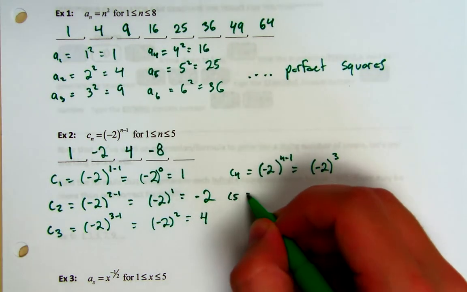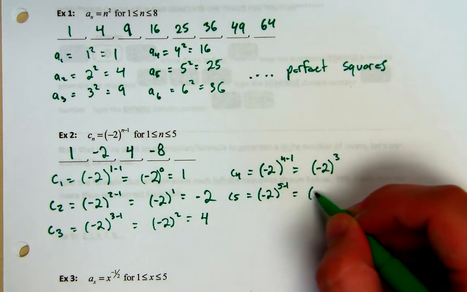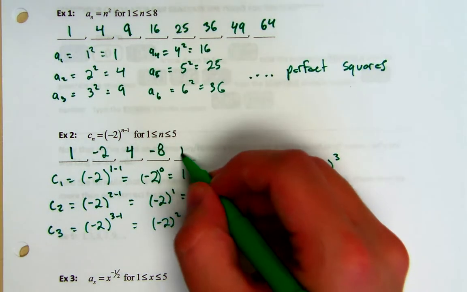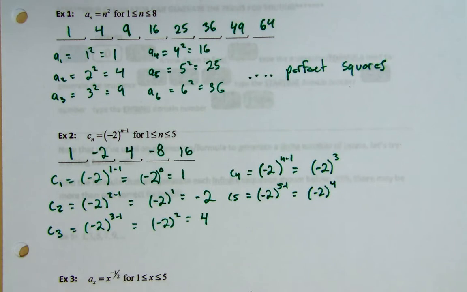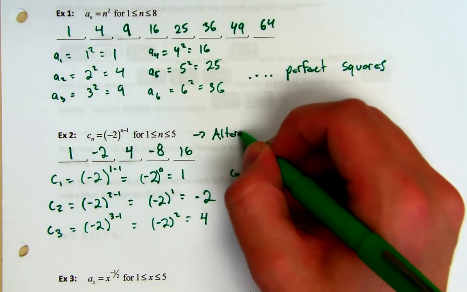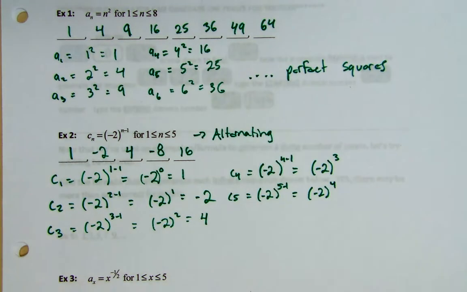And then finally C5, negative 2 raised to the 5 minus 1 is negative 2 raised to the fourth power, and we've got positive 16. So notice that this sequence is an alternating sequence. That's something that we'll talk about when we come up with these.